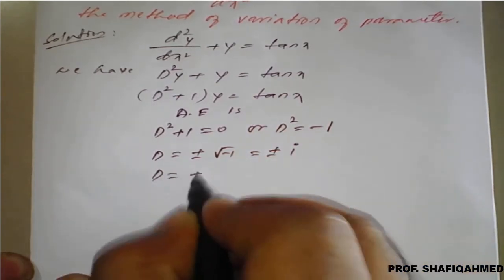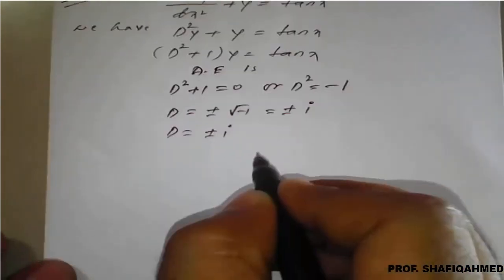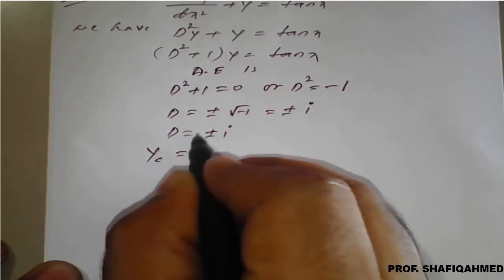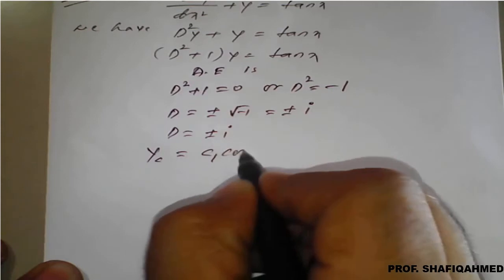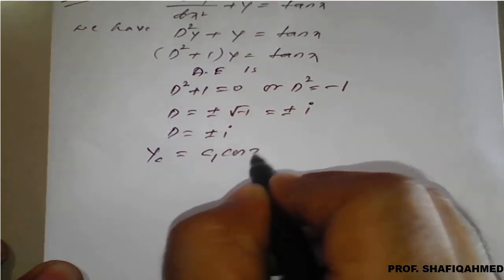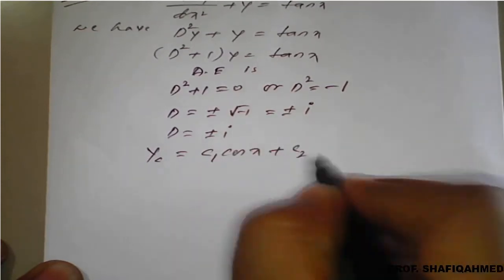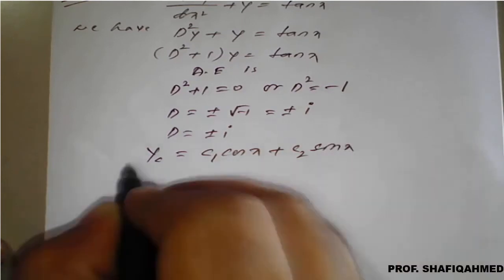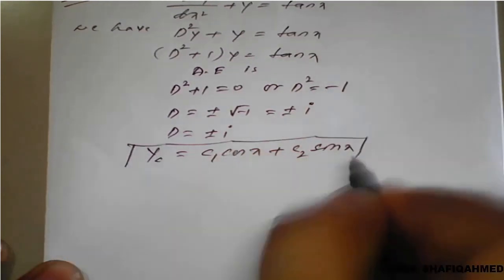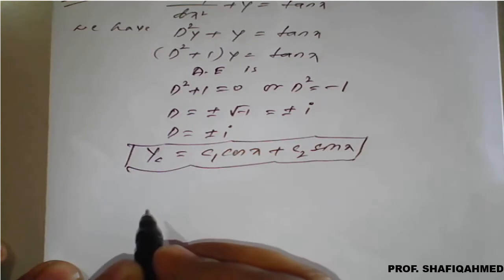So d is equal to plus or minus i. Based on this, the complementary function is yc is equal to, no real part, so c1 cos of coefficient of i, which is 1, so c1 cos x plus c2 sin x. So this is your complementary function.